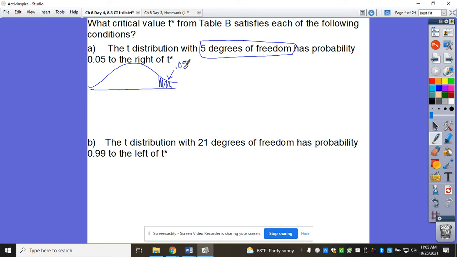So I'm at tail probability of 0.05, down to degrees of freedom of 5, and I get what? 2.015. So T star would be 2.015.